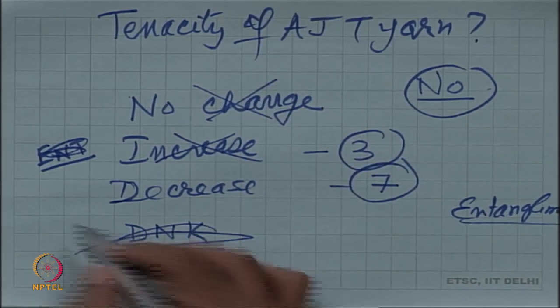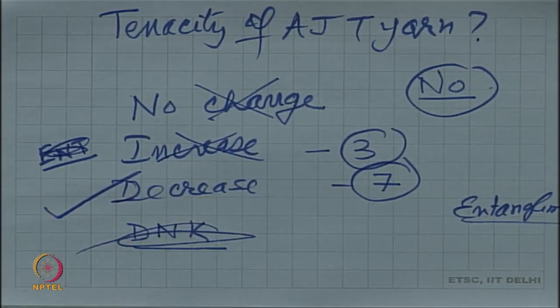So, change of course must take place. The tenacity of the air jet textured yarns will decrease after texturing because the filaments are not parallel to each other, and the contribution is low.